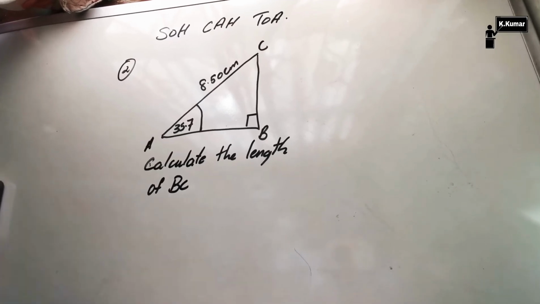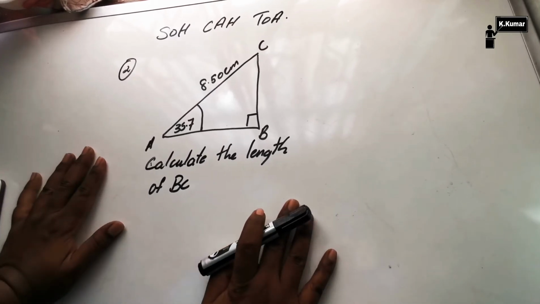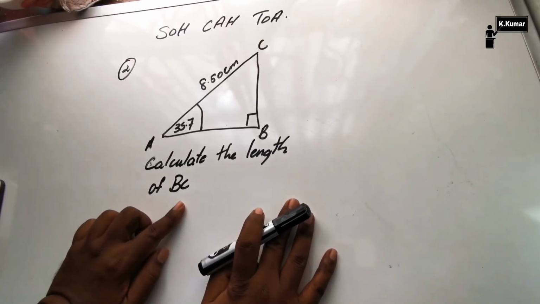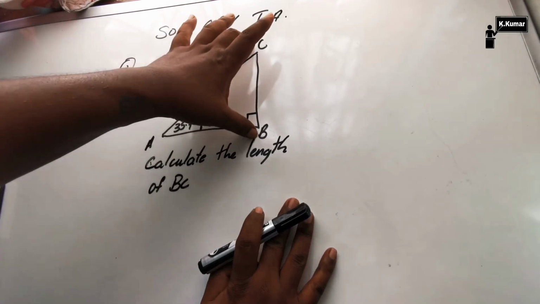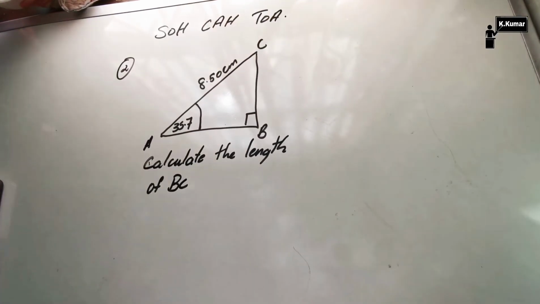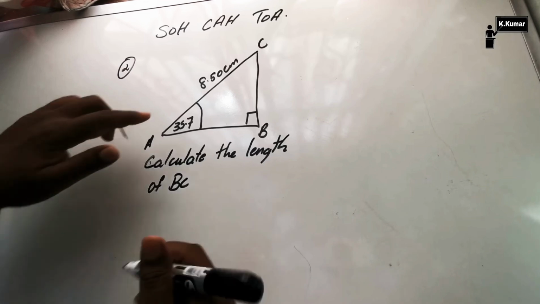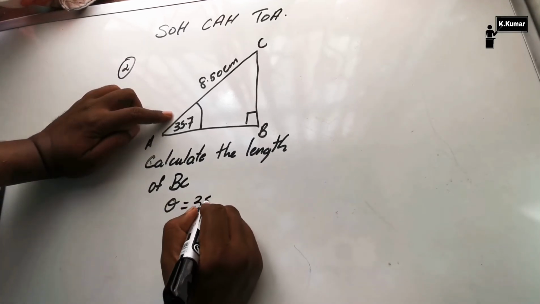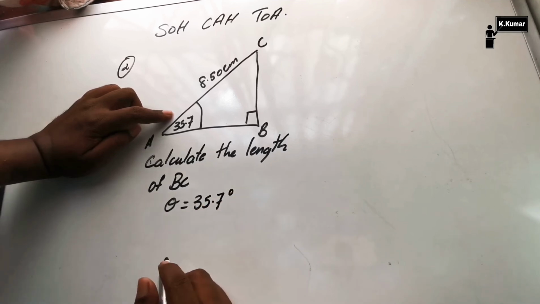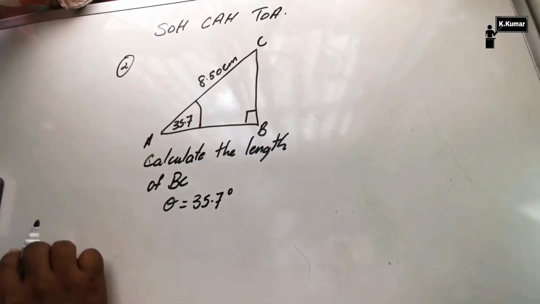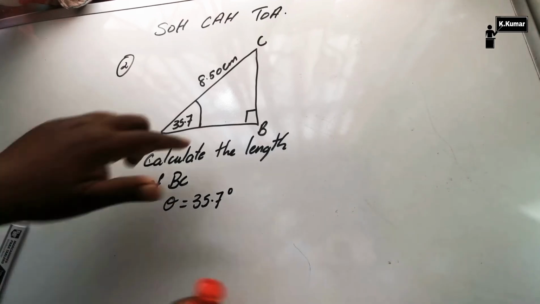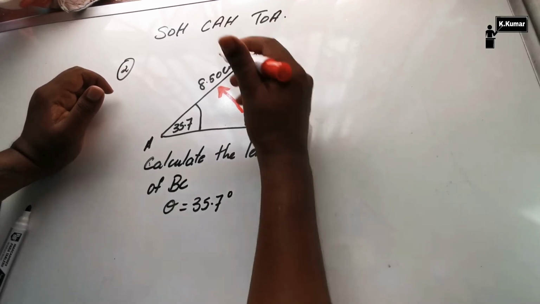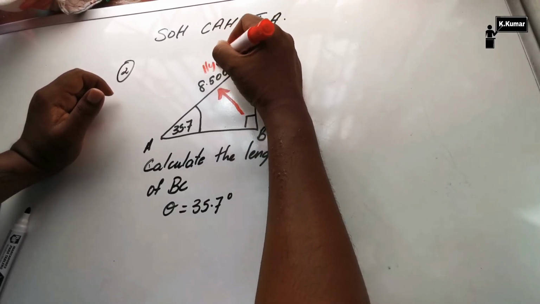Let's look at another example. You have another right angle triangle here, and they want you to calculate the length of BC. That would be this side. Again, we write down what is given. Theta is equal to 35.7 degrees, and the side opposite the right angle is our hypotenuse.